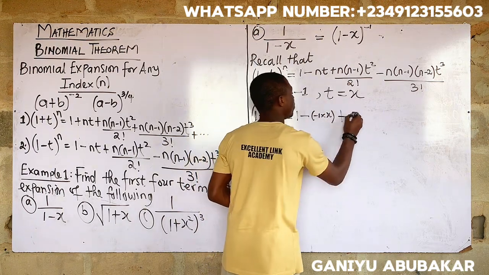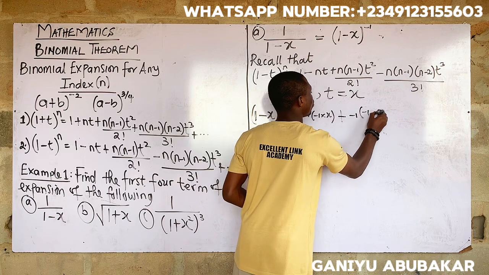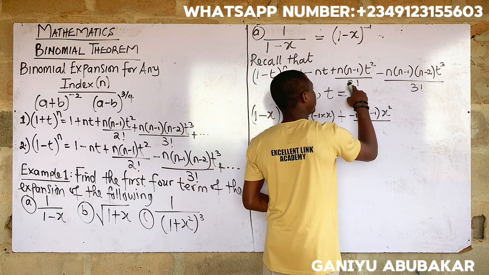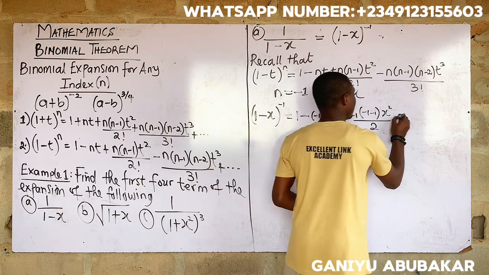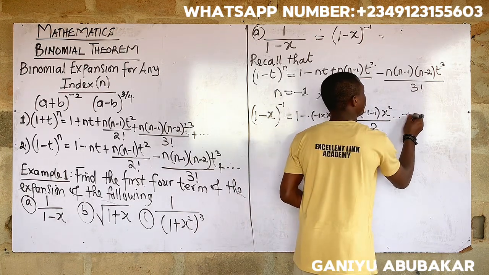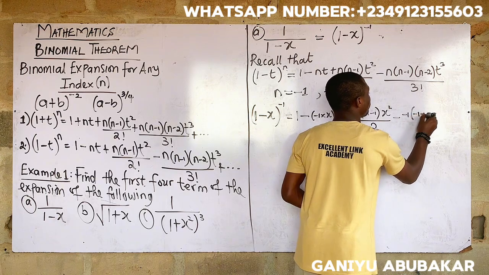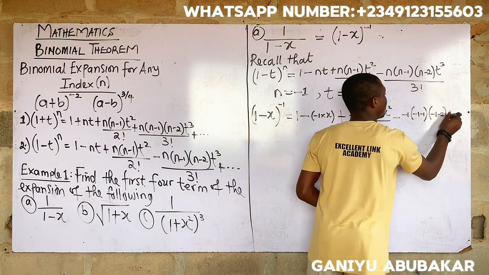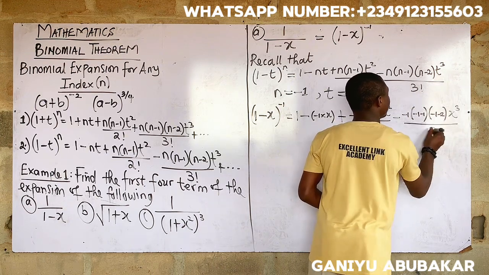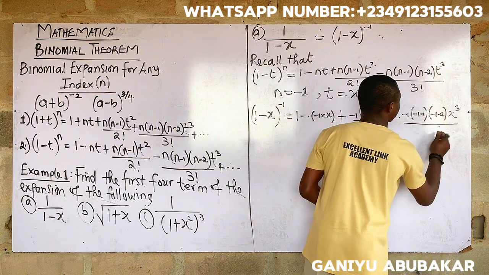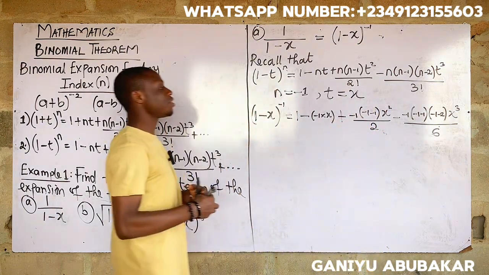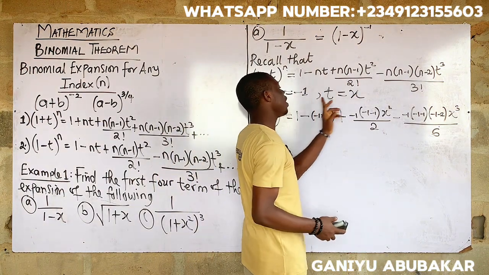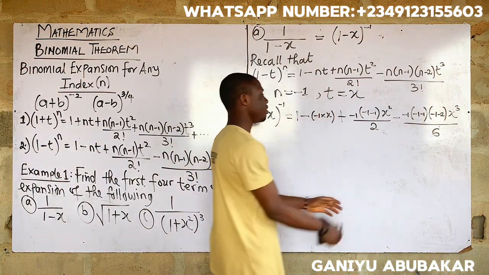Plus n, minus 1, into minus 1 minus 1, then t, that's x squared over 2 factorial, which is 2. Minus n, minus 1, into minus 1 minus 1, into minus 1 minus 2, then t cubed, x cubed over 3 factorial, which is 6. Save time: just put your value there. Anywhere you see n, put -1. Anywhere you see t, put x there. So you have this here.